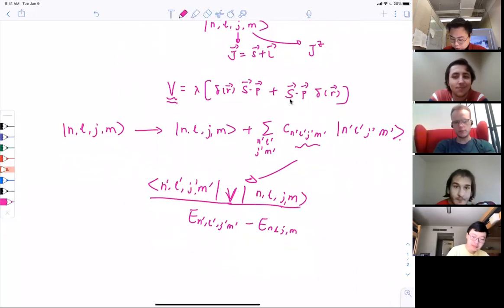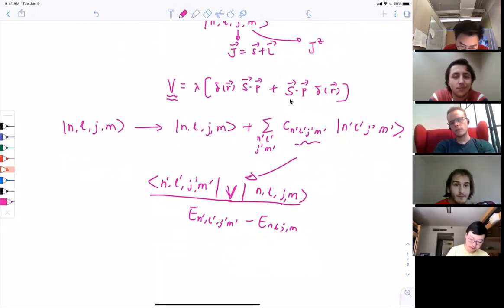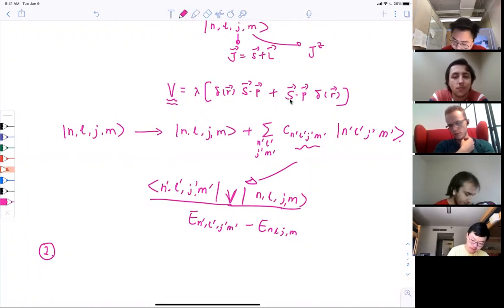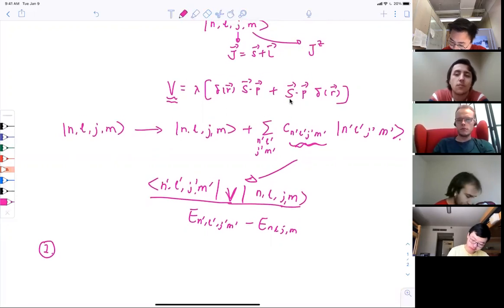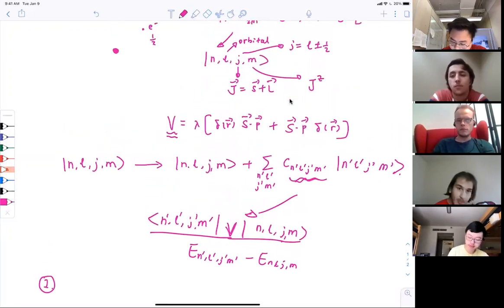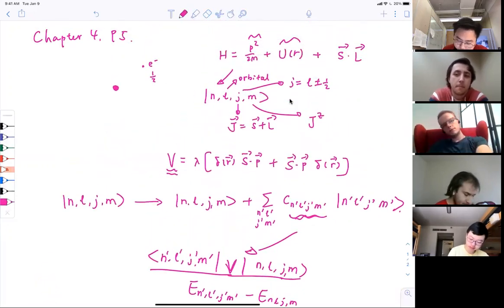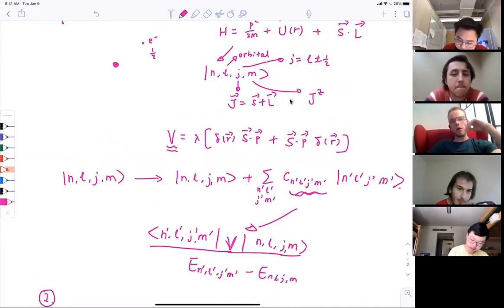So now the question asks you, first, from the pure symmetry point of view, what constraint we have to make sure this coefficient is non-zero? So first we look at the symmetry. Basically, we want to start from the symmetry of this potential.